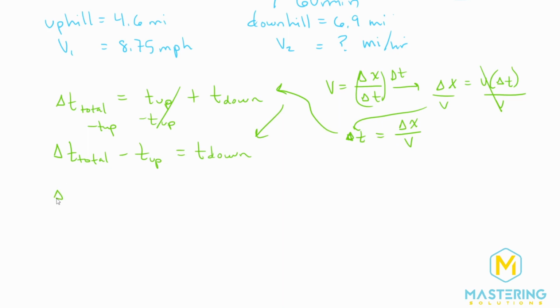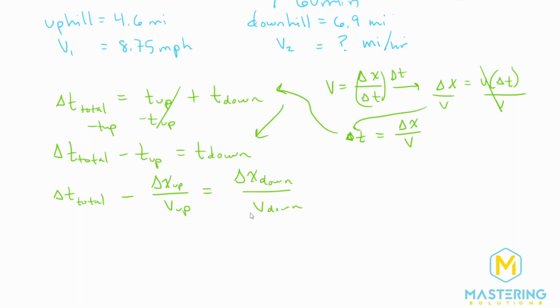So the total time minus the time for the up, which we said was delta x over v, so delta x for the up divided by the velocity of uphill, is equal to the delta x down divided by the velocity down.